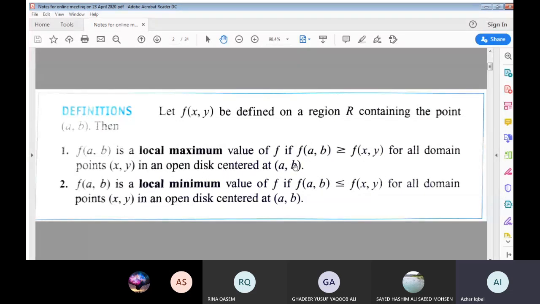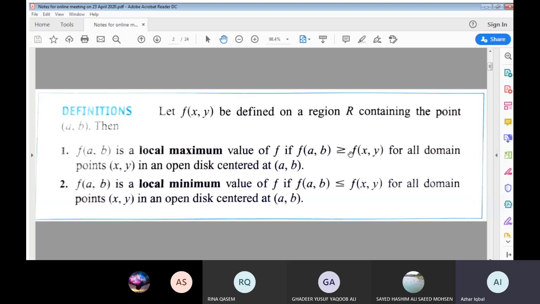So if you look into an open disk centered at the point (a, b), for all the points located in that open disk, the value of the function at (a, b) remains equal to or greater than the values of f at all the points within that disk.